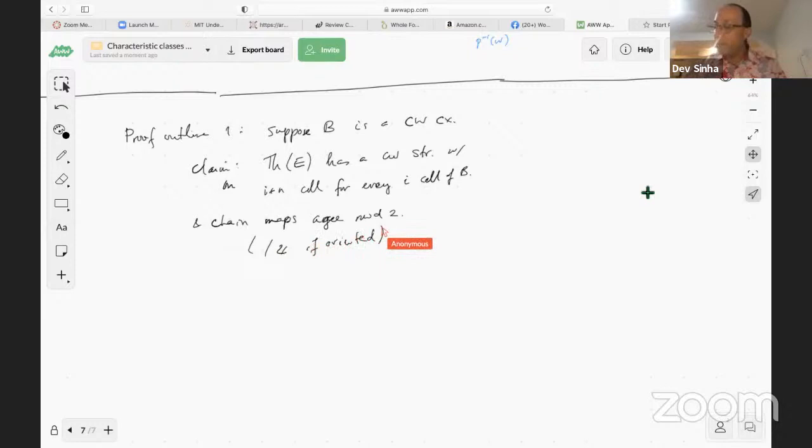So the idea here is that you have your cells in the base, and you look at the whole thing, because over the interior of a cell the bundle has to be trivial, and so the total space is going to be a cell of that higher dimension.